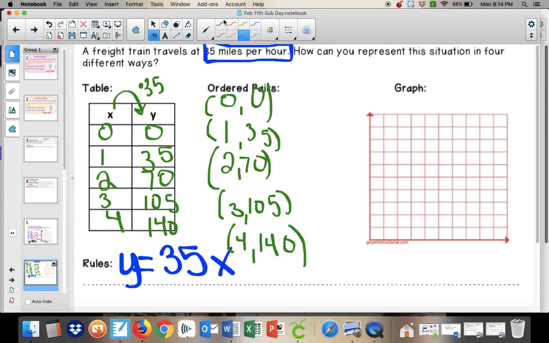So for our graph, again, our x goes on the bottom, so that's our hours. Let's go 1, 2, 3, 4, and 0. Now our y's. The highest I go is 140.